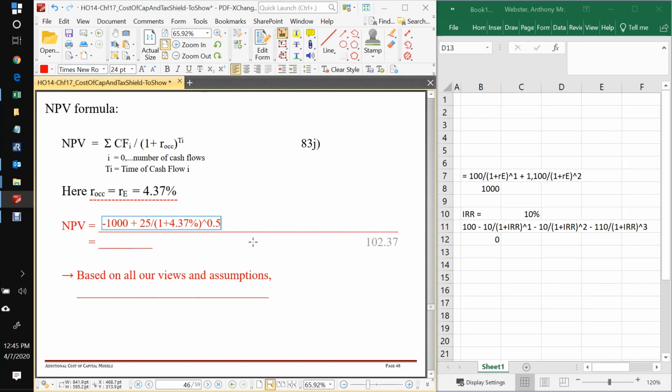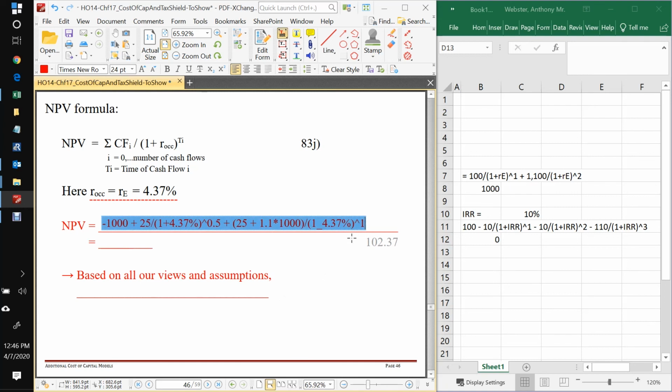So that's going to be 0.5. And then plus 25, we get that second dividend plus 1.1 times 1,000. That gives us our expected appreciation of the amount of money we put in to buy shares there of 10%. And this gets discounted by a year, 1 plus 4.37%, raised to the 1.